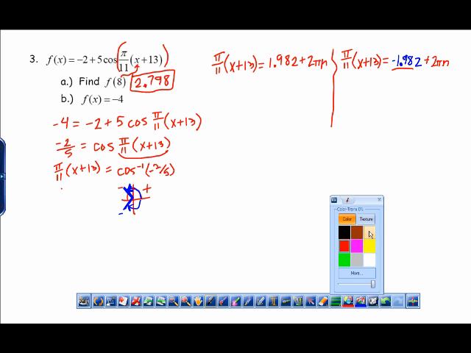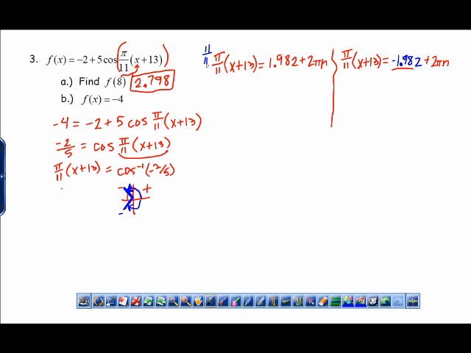The next step at this point is to multiply by the reciprocal of that b value, 11 over pi. And remember, when you do this, you distribute, you end up with the expression here, and I don't really need that parentheses, so I'm going to back up. Here we go. X plus 13.